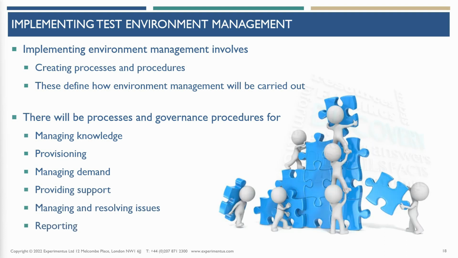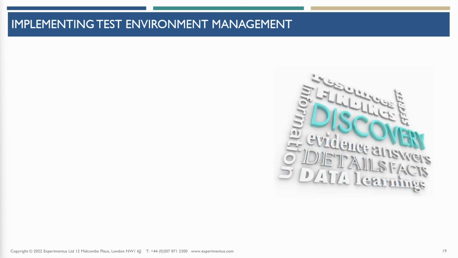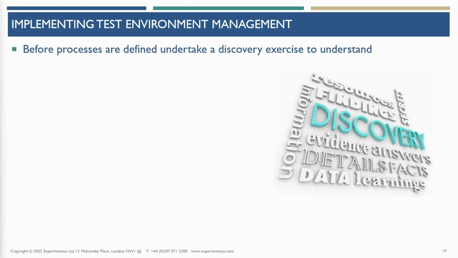But the level of complexity and breadth of these processes will depend on the number and type of environments to be managed. So before any processes are defined, a discovery exercise should normally be undertaken to understand the current environments and any existing management processes and tools.